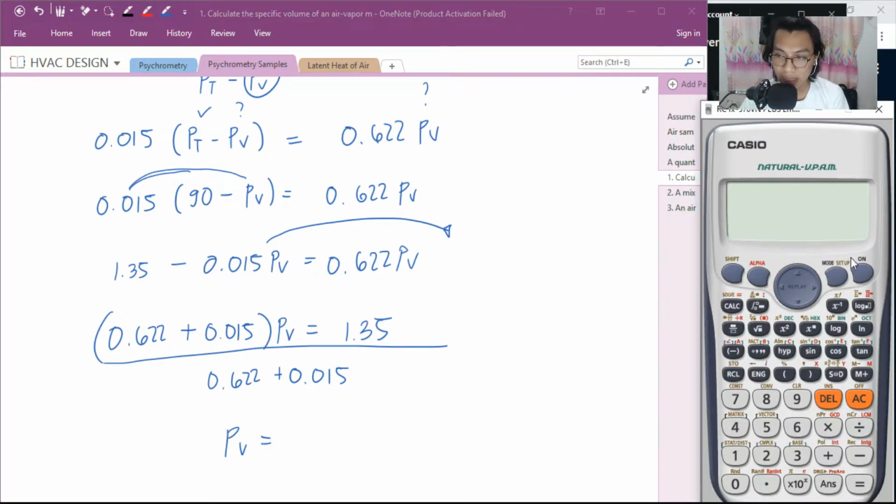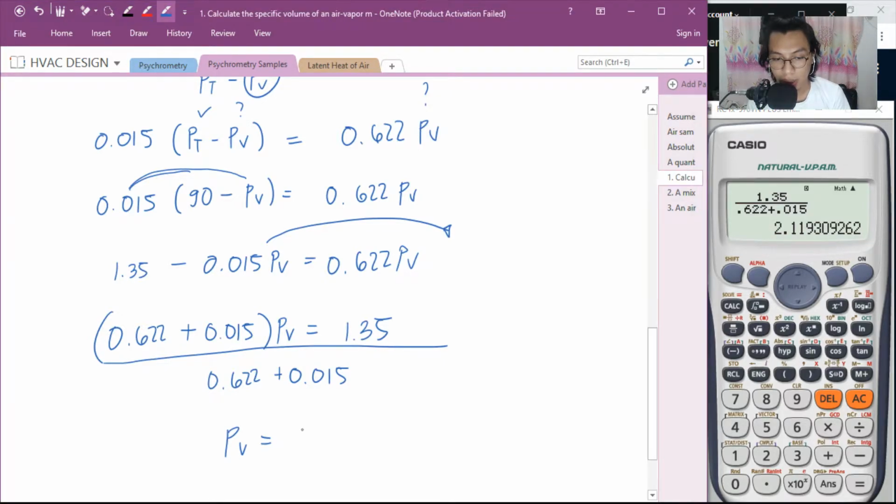So PV is 1.35 divided by 0.622 plus 0.015. The answer is 1,350. Okay? O, round up natin to 5 decimal places. Always always. Para hindi magkakalay yung sagot natin.